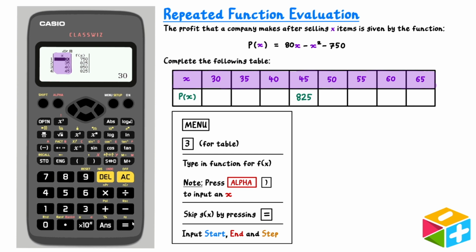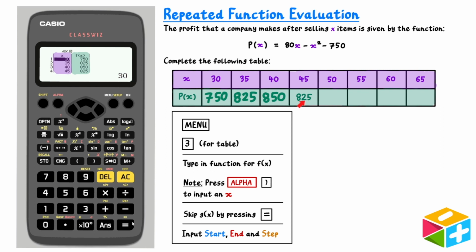The x column on the calculator corresponds to the first row of our table, and the f of x column corresponds to the second row. This allows us to immediately fill in the first three blanks. The table we were given already had a value written under 45.